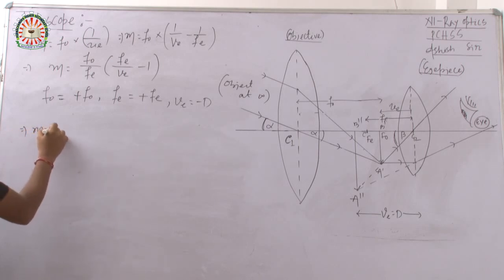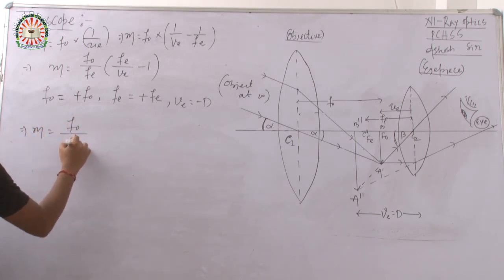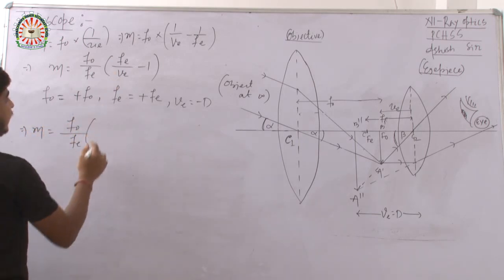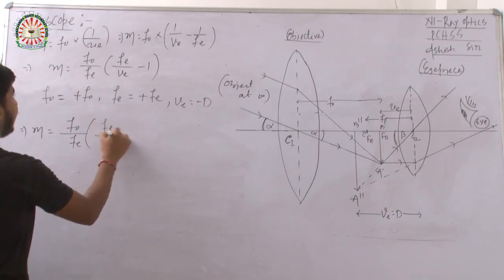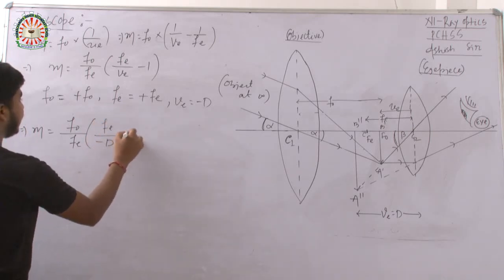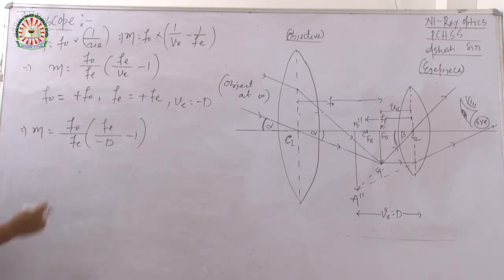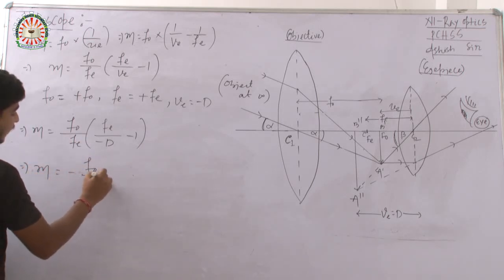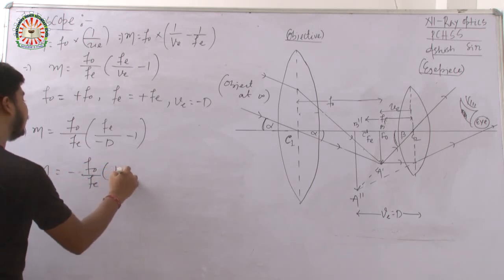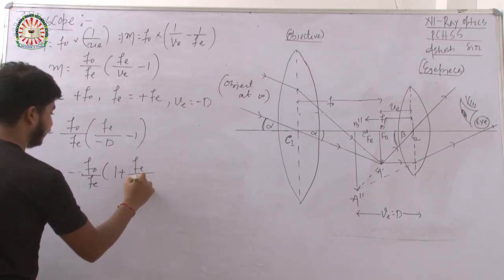So m equals fo upon fe whole into, fe by ve is minus D, minus 1. If you take the negative sign as common, it will be minus fo by fe, 1 plus fe divided by D.